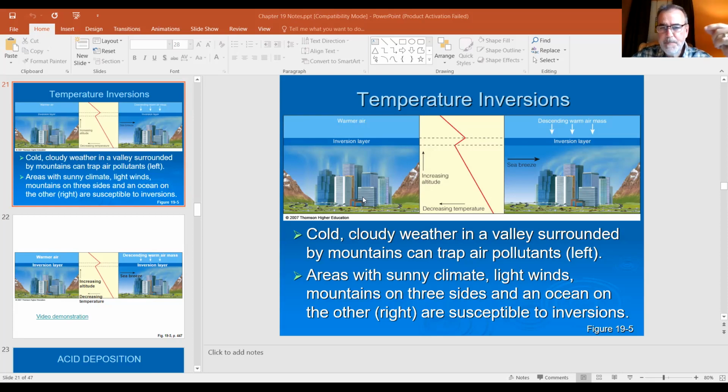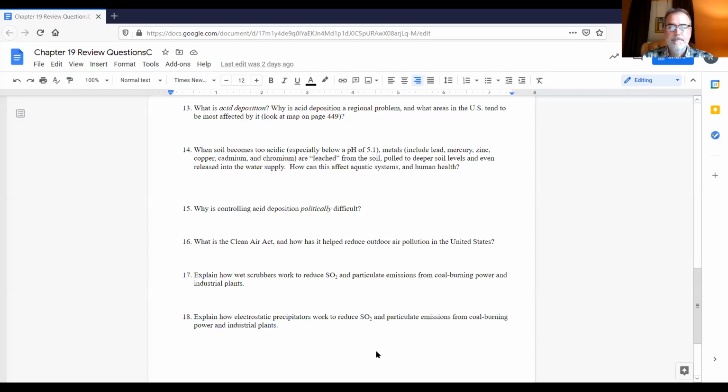You have all this bad air here, and as the warm front slides over top, it's sort of like the garage door closing and trapping in a lot of those pollutants. So again, that's a thermal inversion or temperature inversion found in places like this that we talked about. It's caused by that warm air sliding over top and trapping it in.